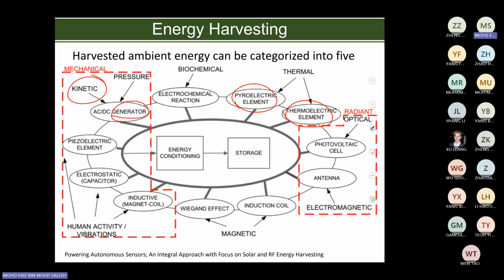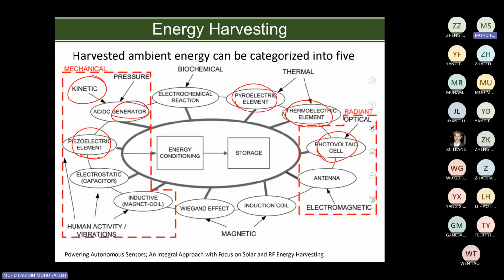For vibration from the mechanical, you can use piezo. For electromagnetic from radiance, you can use photovoltaic. And all of this, as I mentioned before, can go to the energy conditioning to convert it into AC or DC suitable for your devices, and then can go direct to your device or first to the storage.